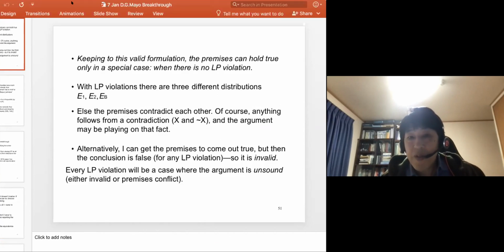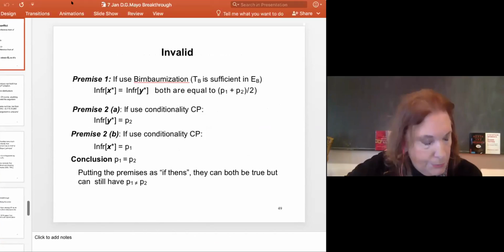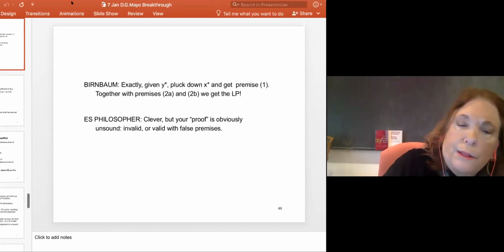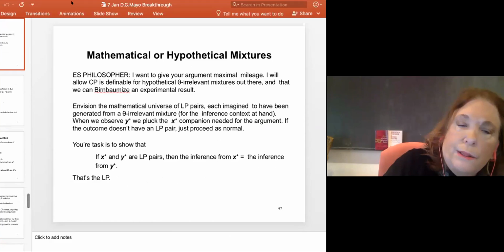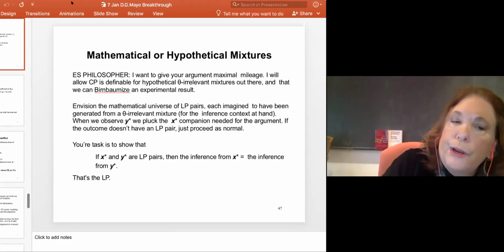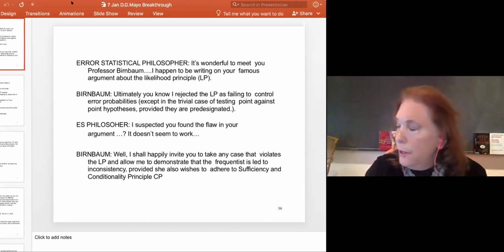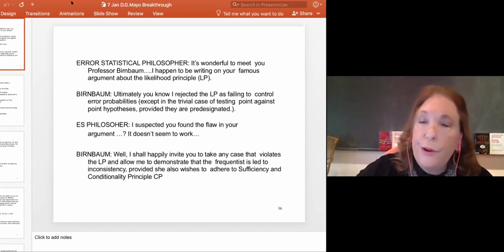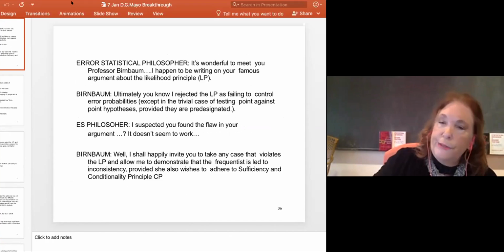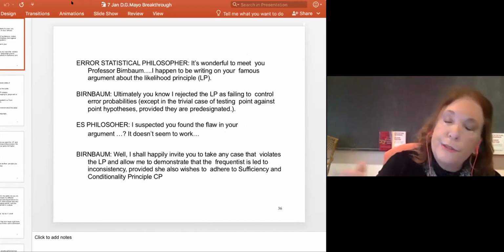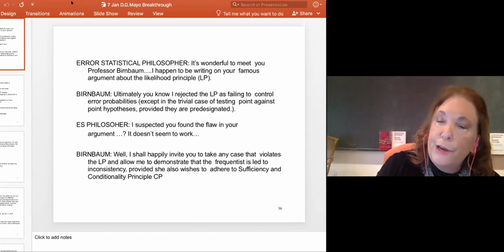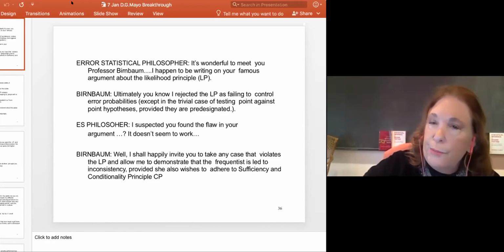I'm prepared to say that you can take any example that you agree is a likelihood principle violation, because some people do the optional stopping in different ways. This is the example they use to kick off this. But we know that there are zillions of LP violations anytime you use a p-value or an error probability, you're violating it.